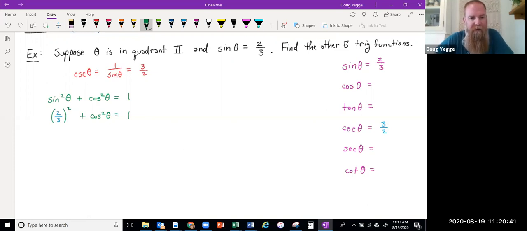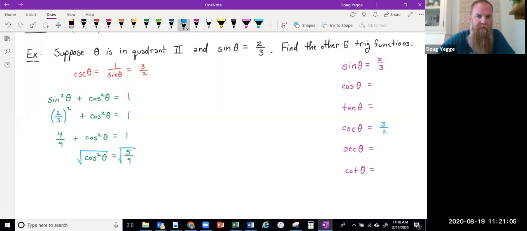Okay, well, simplifying and doing a bit of algebra here, we've got 4/9 plus cosine squared theta is equal to 1. Which, if we subtract 4/9 from 1, we get 5/9. And now notice that if we take the square root of both sides, we're about ready to find what cosine theta is.